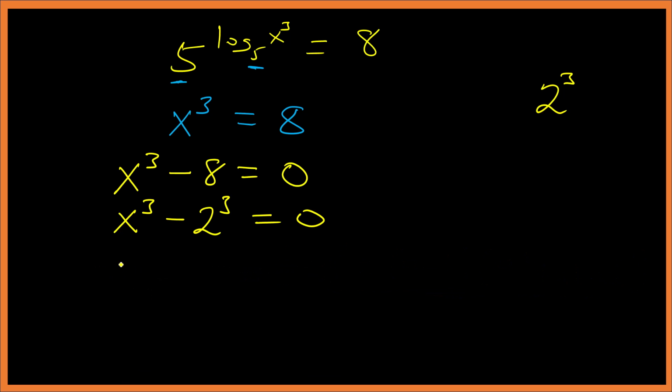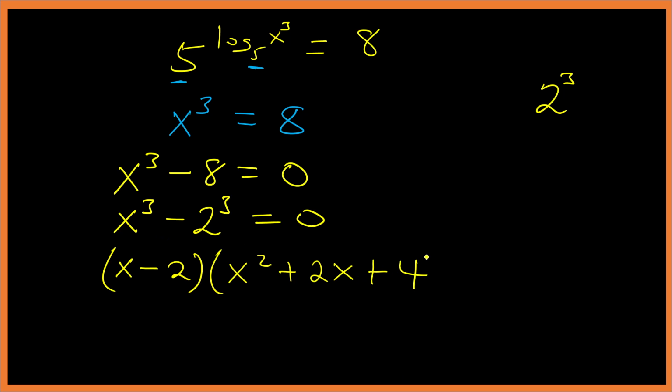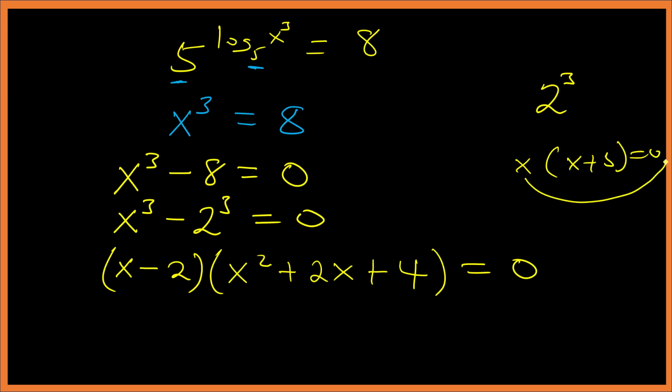So this side will be x minus 2, then we have x squared, then we find the product, plus 2x, then we square the last term, 2 squared is 4, equals 0. All right, so remember when we are given x times (x plus b) equals 0, the first answer is x equals 0 and x plus b equals 0.